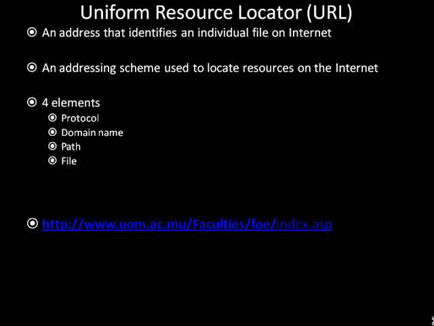Here, the HTTP is the protocol. The www.uom.ac.u is the domain name of the server. However, the path directory is faculties and info, and finally, the file to be accessed is index.asp. IP address.